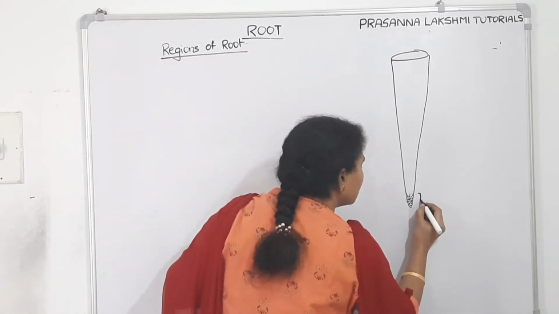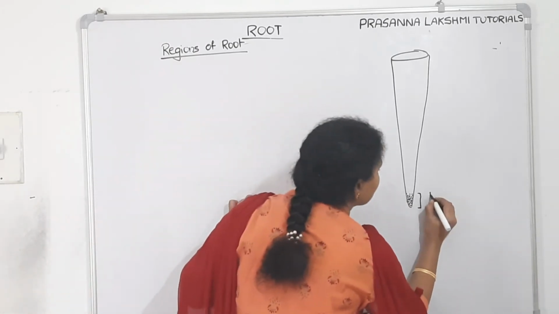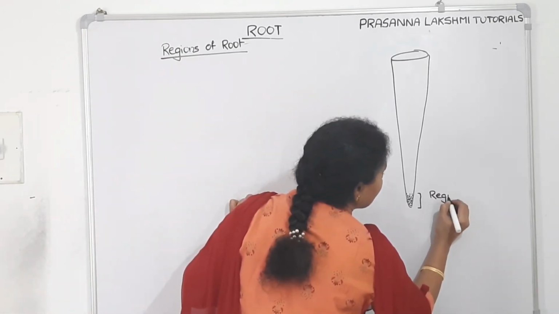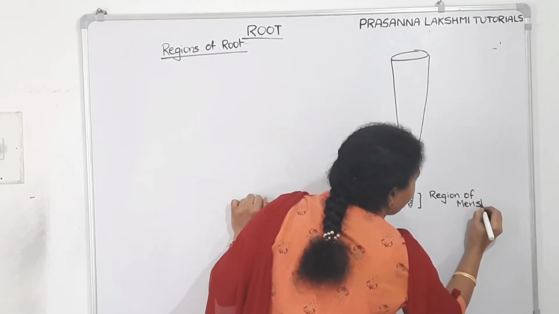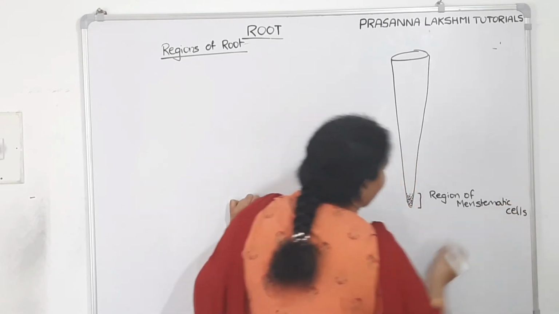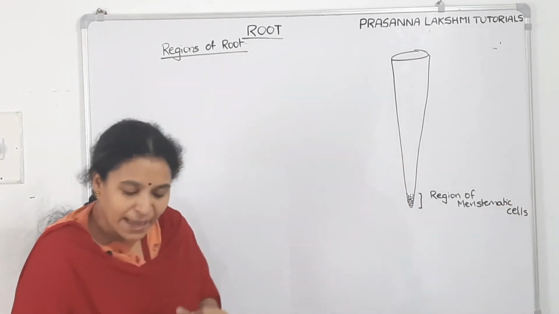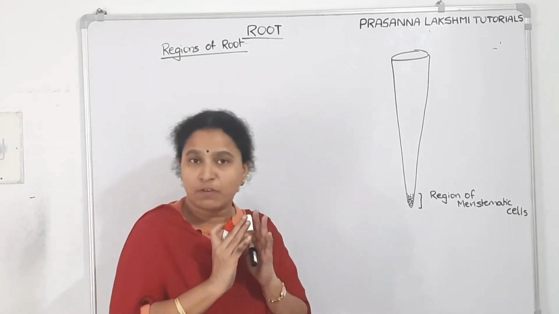This region is called the zone or region of meristematic cells. Now, the meristematic cells which are actively dividing small cells should not be damaged. If they are damaged, root will not grow.